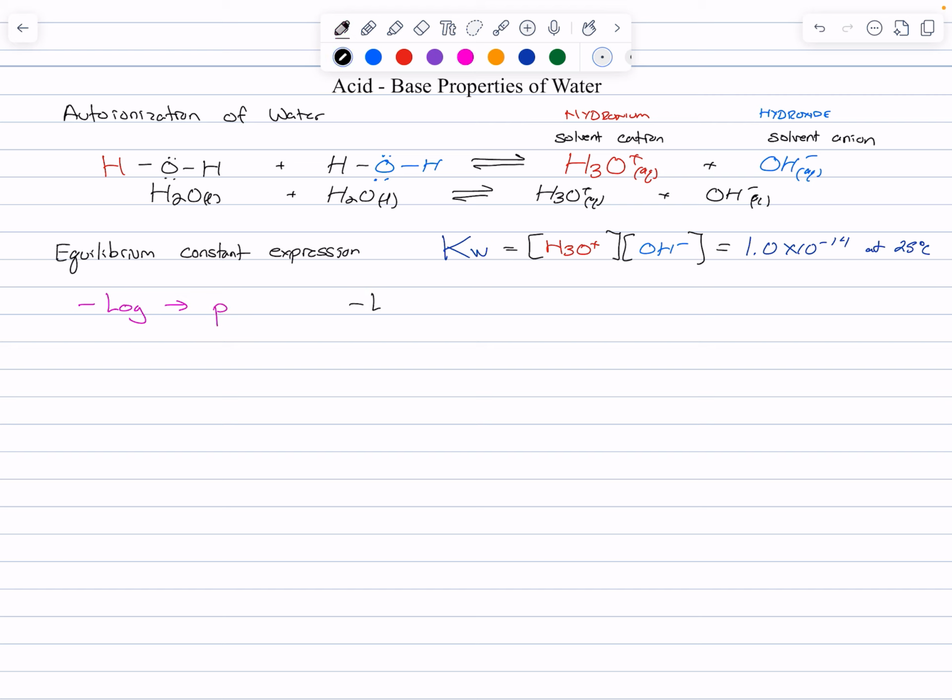So we take the negative log of Kw, which would equal the negative log of the concentration of hydronium, plus the negative log of the concentration of hydroxide, which would equal the negative log of 1 times 10 to the negative 14th.